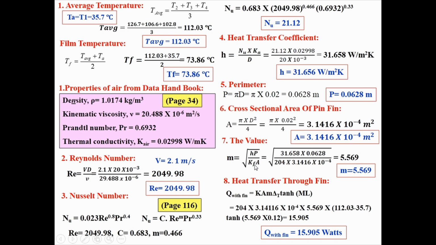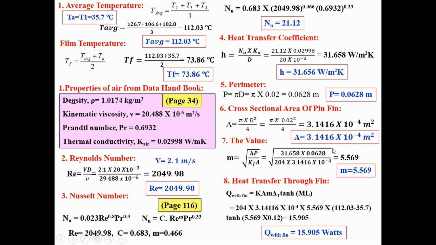What material are we using for the fin? As I told you, aluminum. The thermal conductivity for aluminum is constant, that is 204, into the area, which we already calculated, 3.1416 into 10 to the power of -4. Substitute all the values in this equation, and you will get m is equal to 5.569.